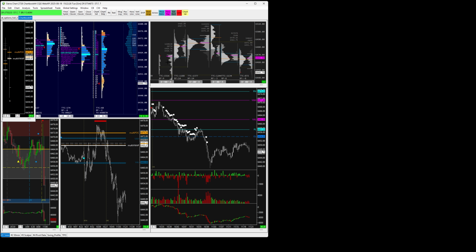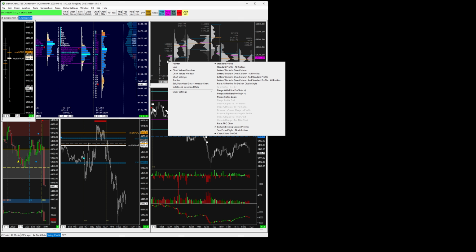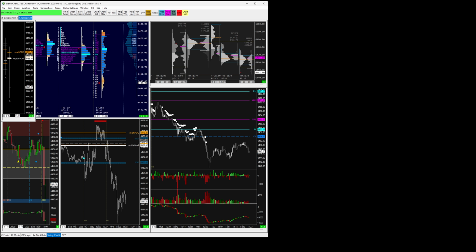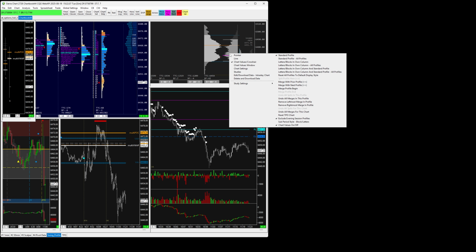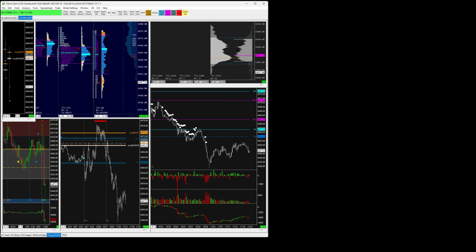The 6th is here, so we right click, merge with next, merge with next, merge with next, merge with next, and merge with the current one. So we have 6 sessions merged into this one chart.